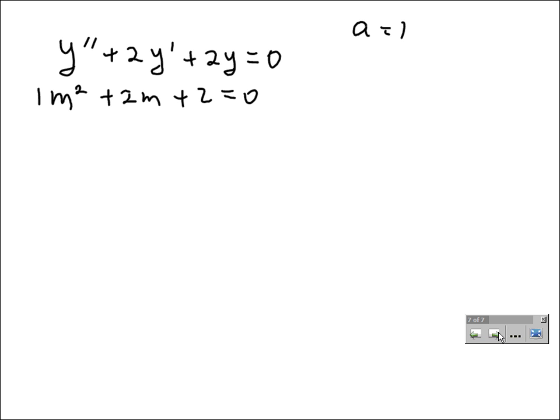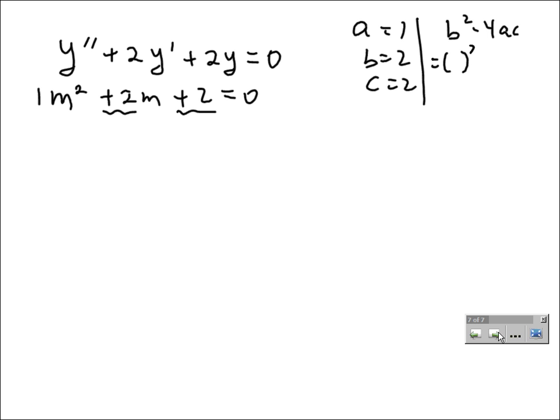Here, a is 1, b is what m is being multiplied by, which is positive 2, and c is 2. And b squared minus 4ac: b is 2, a is 1, c is 2. So you get 4 minus 8, which is -4. Okay, so we're going to have two imaginary roots.